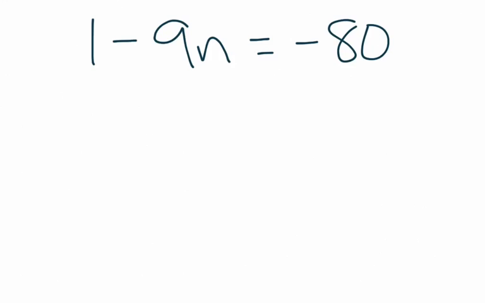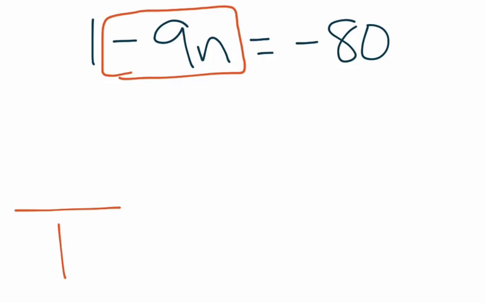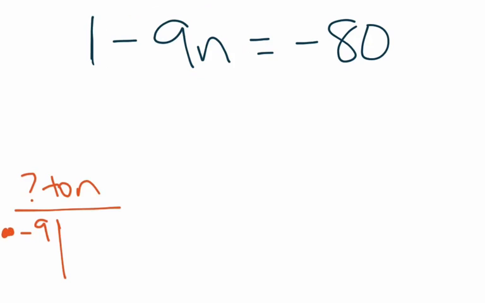When I look at this, the first thing that I notice is that n is being multiplied by negative 9. And the next thing that I notice is that 1 does not have a sign in front of it. Because it does not have a sign in front of it, that sign is positive.